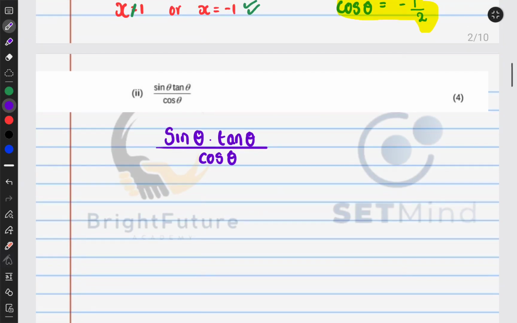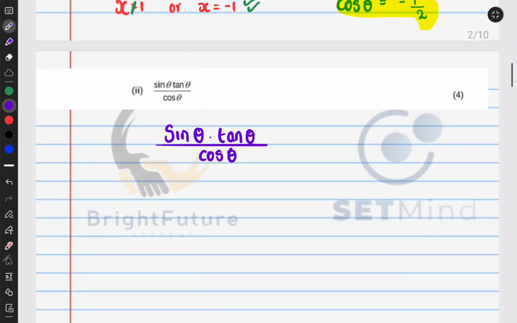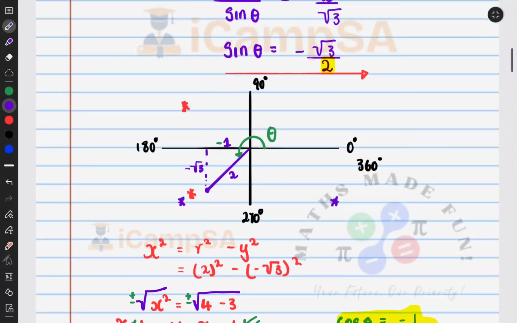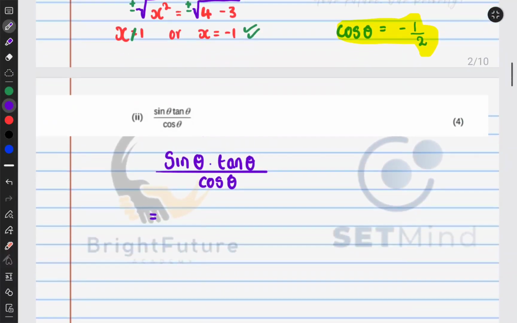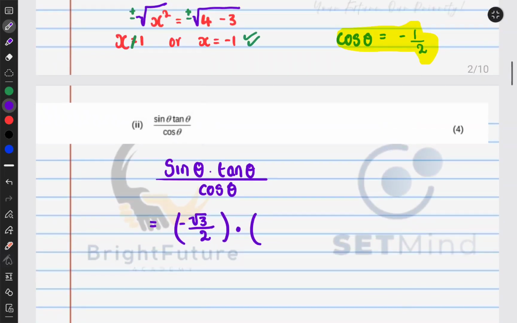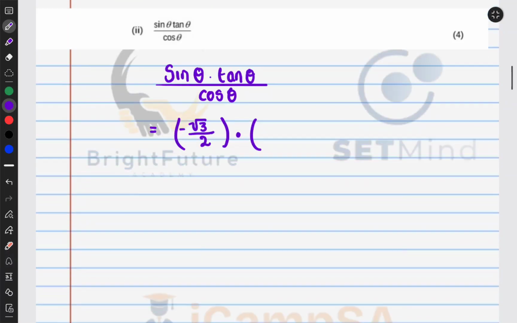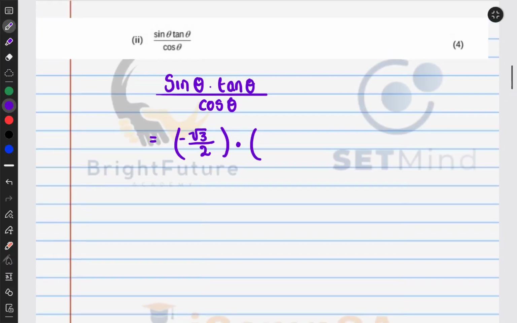Okay, what is sine theta? Sine theta is the opposite side over the hypotenuse. We already calculated sine theta and found it to be negative root 3 over 2. So we're going to have negative root 3 over 2 multiplied by tan theta, which is opposite over adjacent. The opposite side is negative root 3, and the adjacent side is negative 1. So we're going to have negative root 3 over negative 1, all over cos theta.